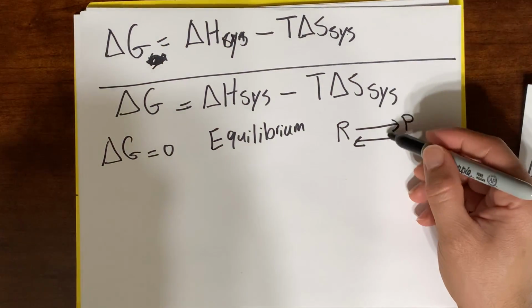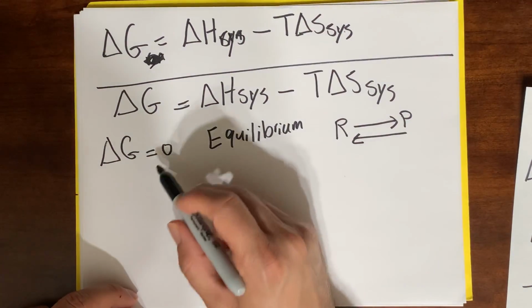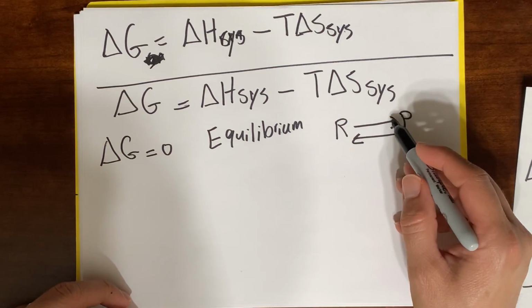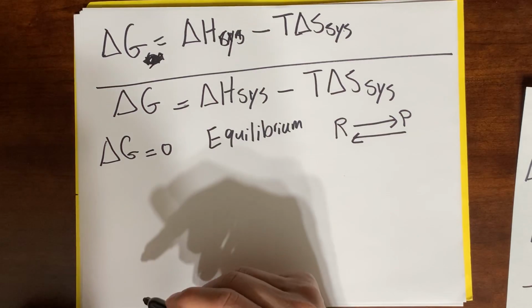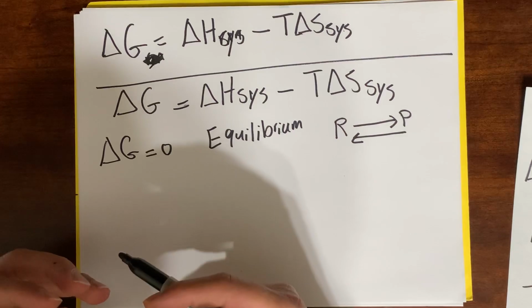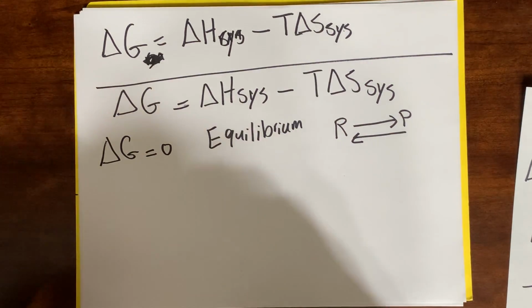We showed that by double arrows. Delta G is 0. Rate of the forward reaction equal to rate of the reverse reaction. You're not gonna get or lose heat.